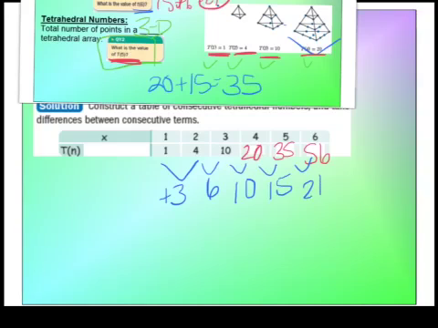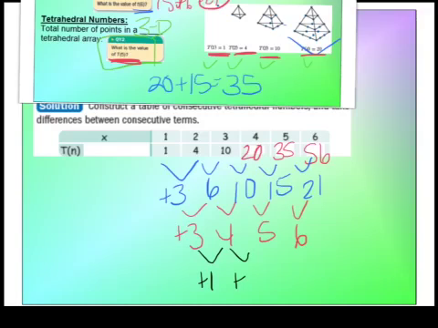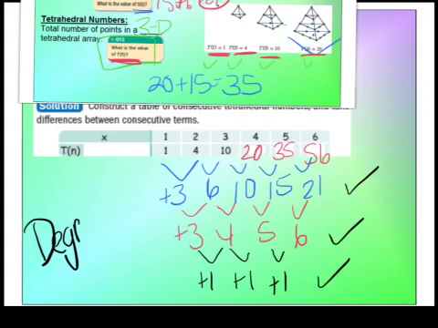Clearly we have to go down to the next level. The difference between 3 and 6 is a positive 3. 6 and 10 is 4. 5, 6. We're going to have to go one more level. The differences here are plus 1, plus 1, plus 1. Because I had to go beyond 1 level, 2 levels, into 3 levels, this function is a degree 3 function.